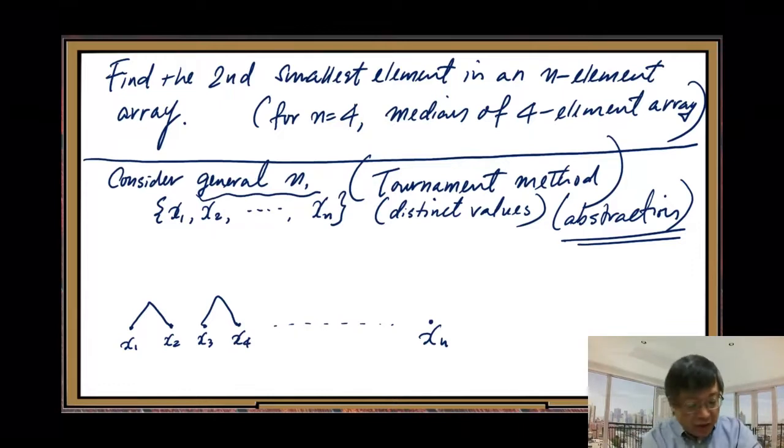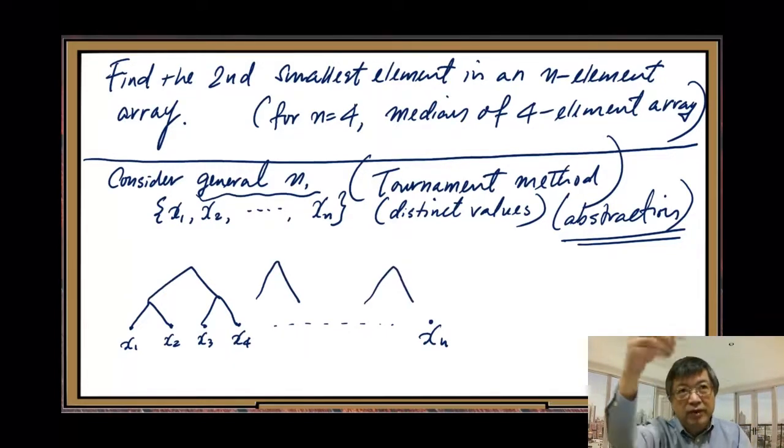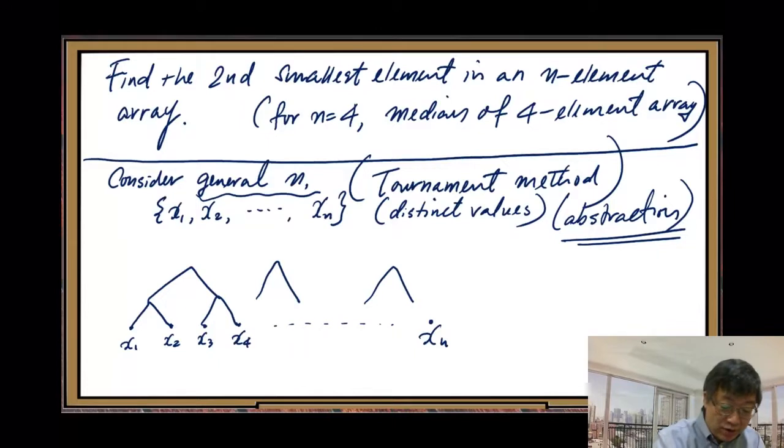So next round, here I do not need to specify explicitly which one. I just draw a diagram in a vague way, not a precise way. We don't need a precise way.